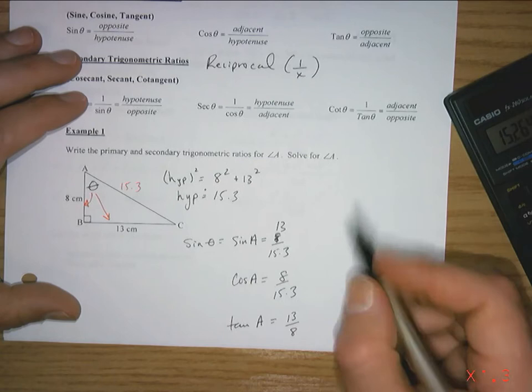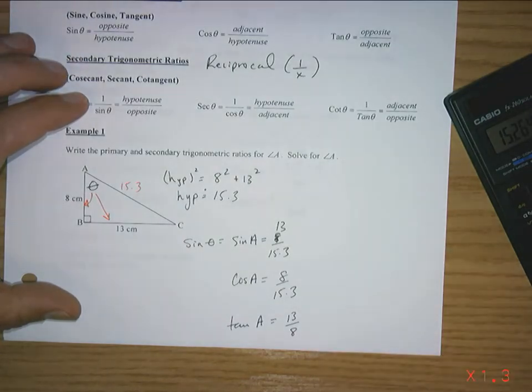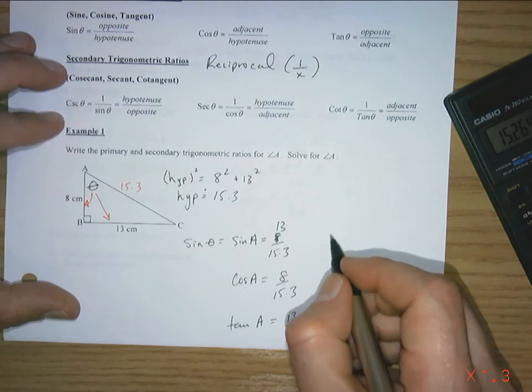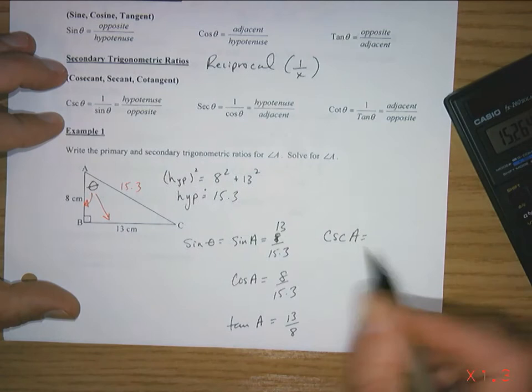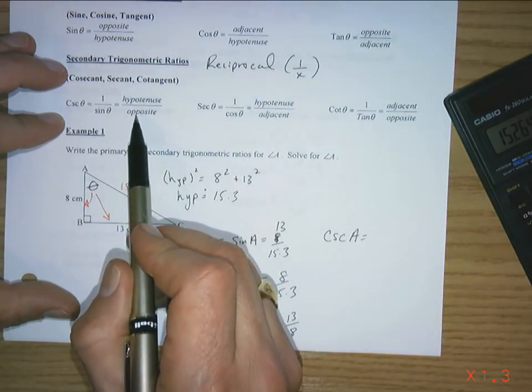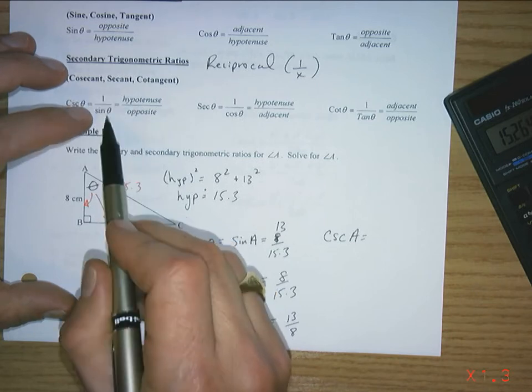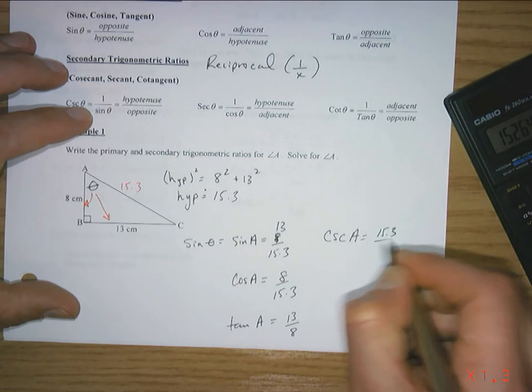We can also come up with our 3 reciprocal trig ratios, or secondary trig ratios. They are going to be cosecant of A. From looking above, I know that it's going to be hypotenuse over opposite, or I can remember that it's the reciprocal of sine, which means it's simply going to be 15.3 over 13.